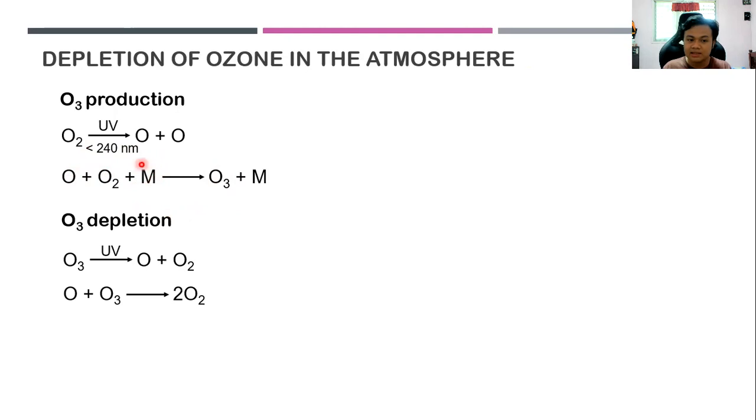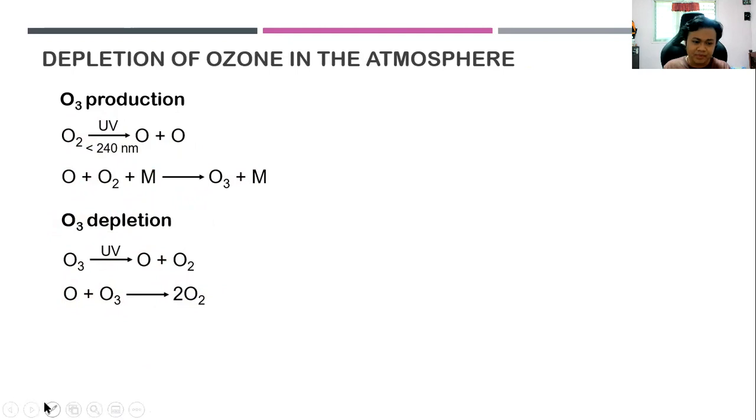You can name this nitrogen, but for purposes of generalization we put M. And how is ozone depleted? The same UV breaks it down. It goes back to O2, and then this O2 will be broken down by the UV, and then it forms O3 again, and so on. It's endless.